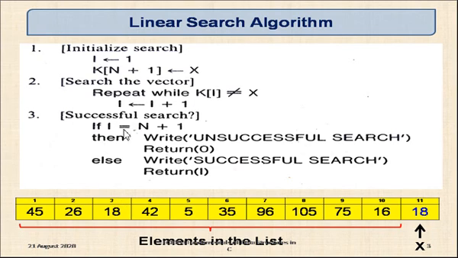So this condition fails and it will come to the else case. So it will display successful search, then return I. What is I? I is 3. So the location where the element we are searching for is found is returned to the calling function. We get the answer 3, which means our item is available in the third location. Got it? So with this, we will go to the next example.